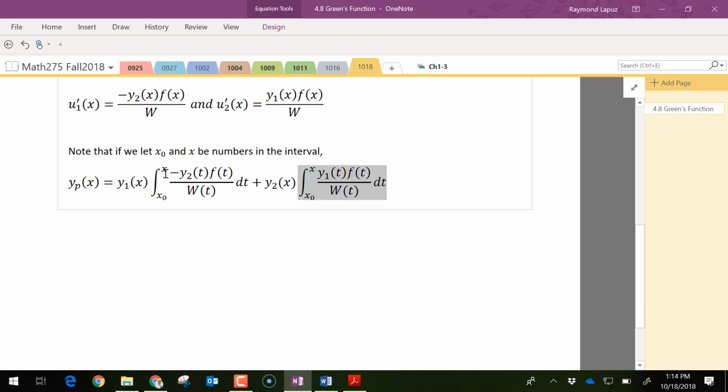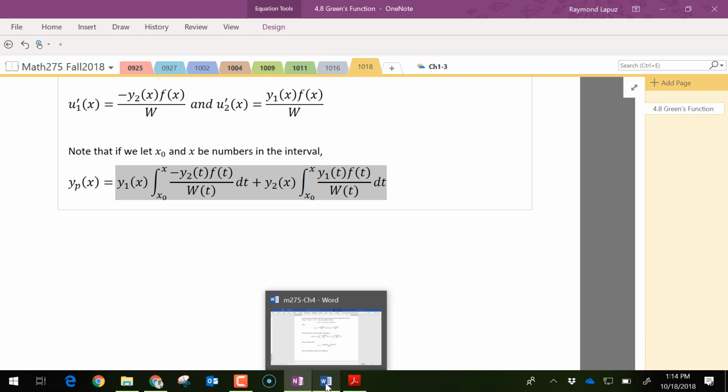Okay, so what they decided to do is put this together into one big integral and define a function that's inside. And so this is how they define Green's function.